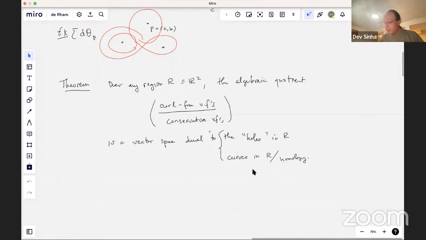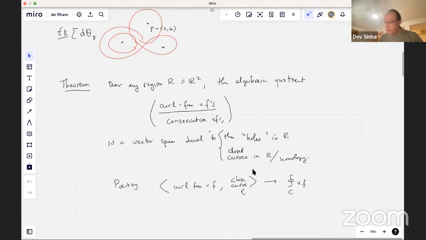And there's really a pairing for this duality: you take a curl-free vector field and a closed curve, and you just take the contour integral over C of the vector field. So there's some duality between these curves and the vector fields or one forms.